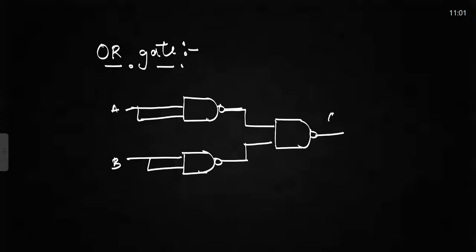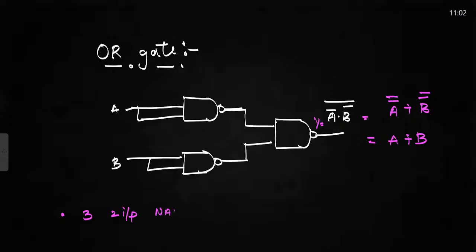And this will be (A bar · B bar) whole bar. Right. Now my output will become (A bar · B bar) whole bar. If you apply De Morgan's theorem, that will be A double bar or B double bar. So that will be A plus B. Here we require three 2-input NAND gates.